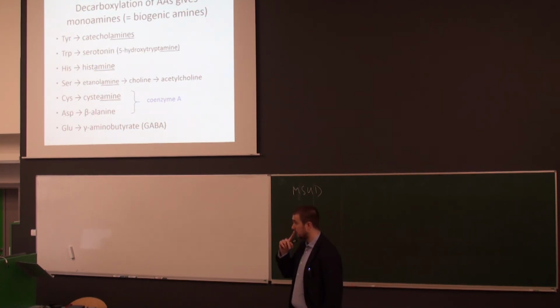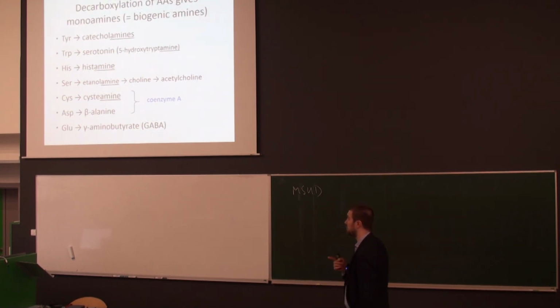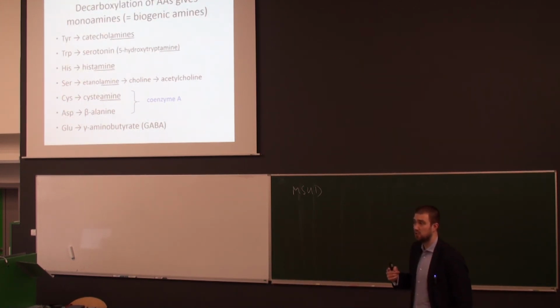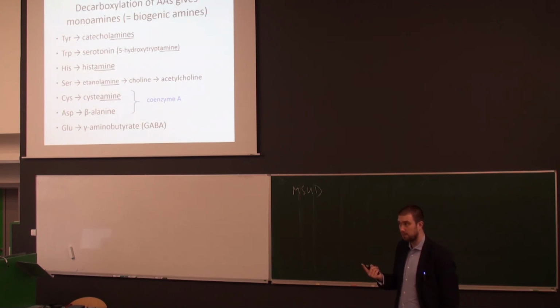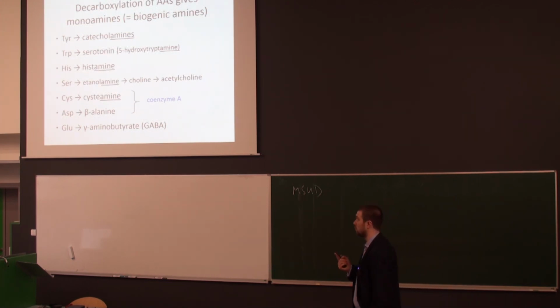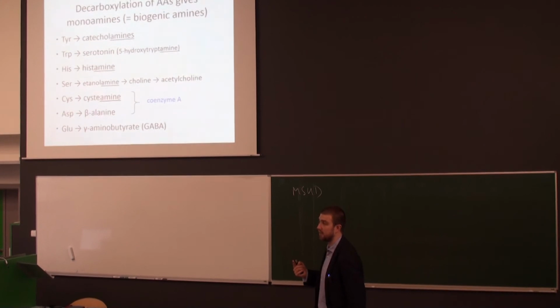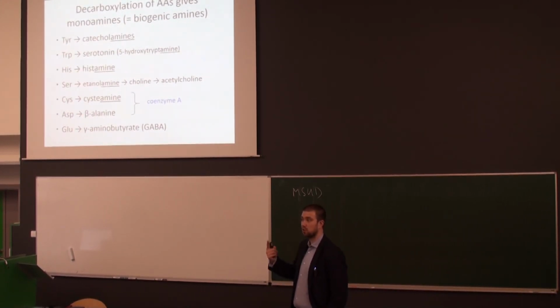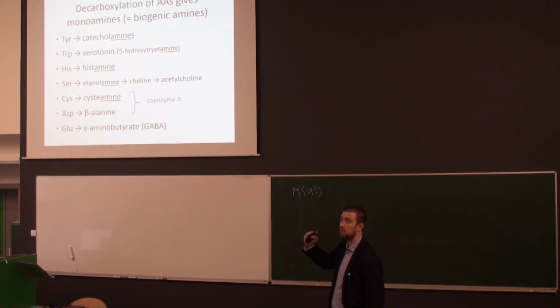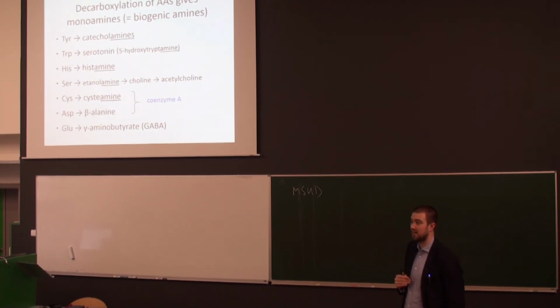Noradrenaline plus dopamine, they are important neurotransmitters. For example, the lack of dopamine leads to the development of Parkinson's disease. And dopamine also has a role in the development of addiction. For example, cocaine is increasing the dopamine concentration inside the synapse.